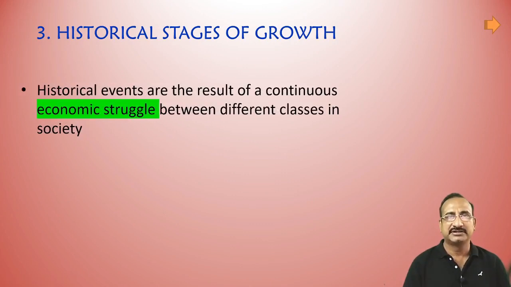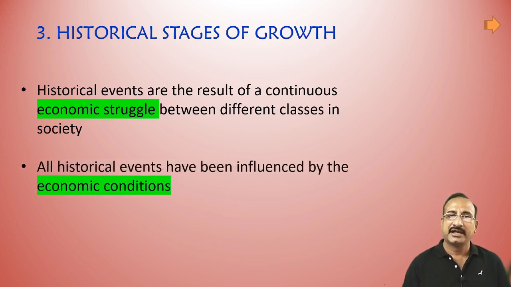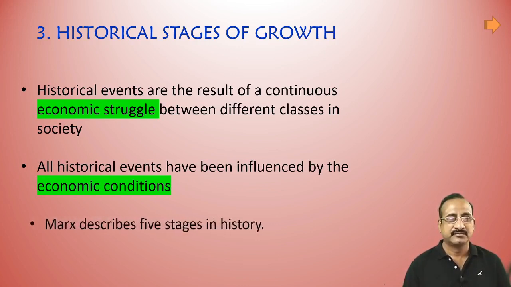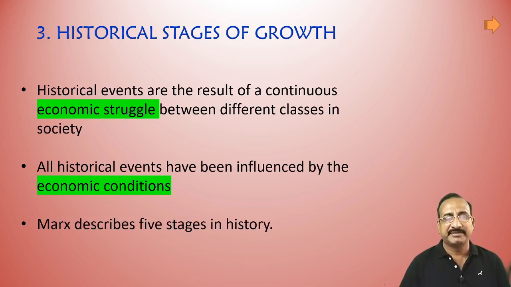According to Karl Marx, all historical events are the result of the economic struggle between two classes that prevail in the society, and all historical events are highly influenced by economic conditions. Marx described 5 stages of history, and according to him, these 5 stages occur in any country one after another.